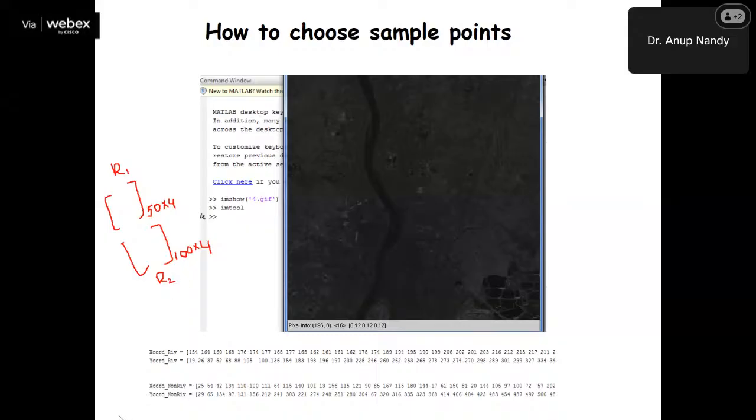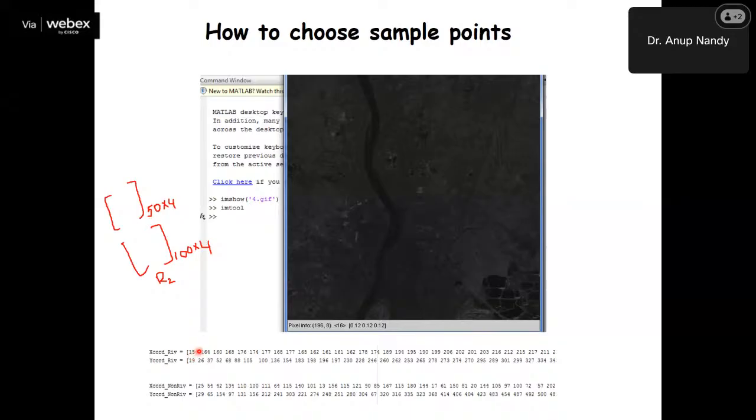As you can see, this way I can choose the river class, and that way I can choose the non-river class. Here we have 50 training points of pixel coordinates.